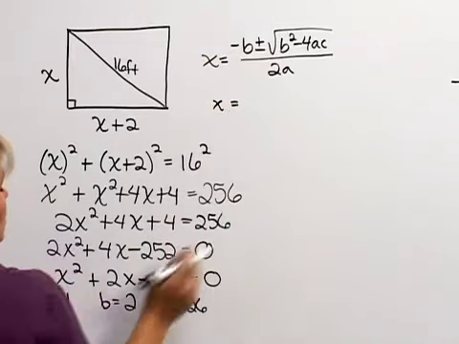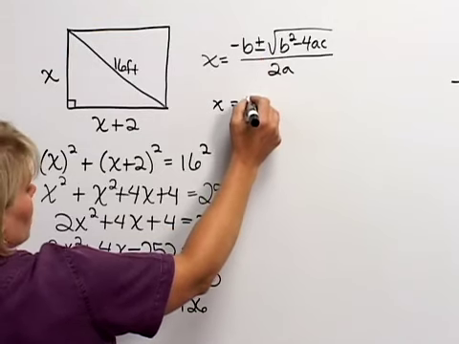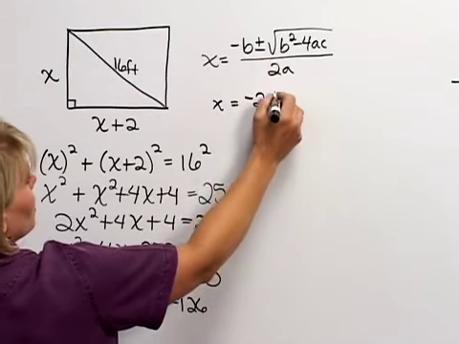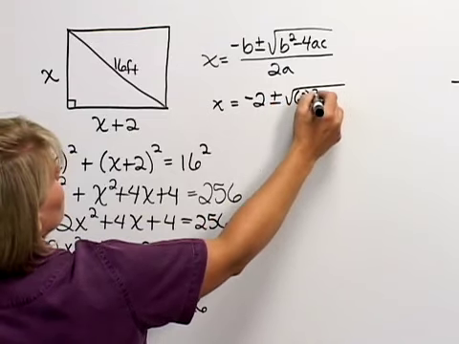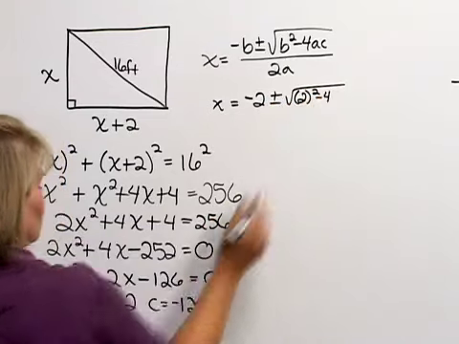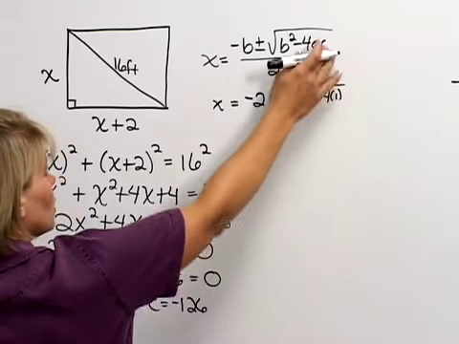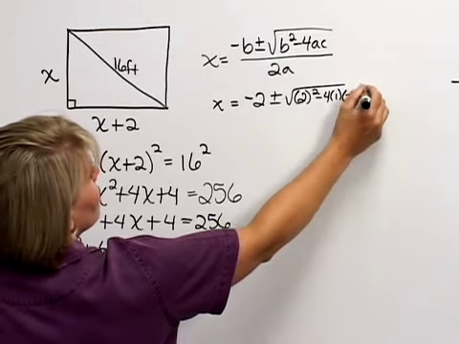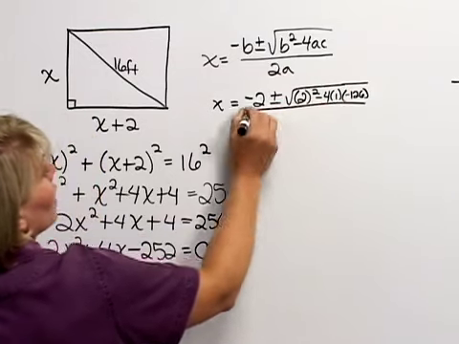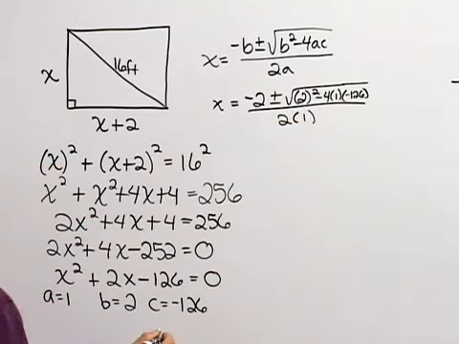So if we substitute in 2 for our b, we'll get the opposite of 2, which is negative 2, plus or minus the square root of 2 squared minus 4 times our a, which was 1, and our c, which was negative 126, all over 2 times our a, which is 1.